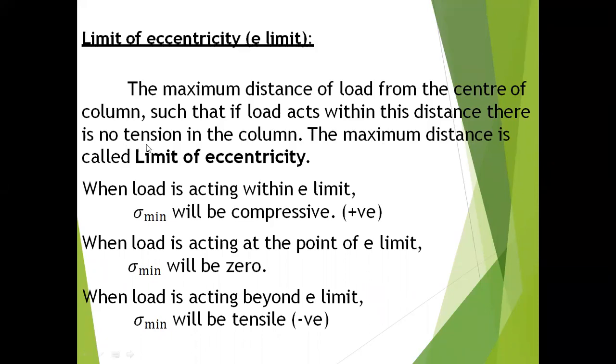Understood? So when the column is subjected to eccentrical load up to this limit, there is no tension in the column, right? If it is crossing that limit, what happens? Then there is a possibility of tension in the column. When tension occurs in the column, the reversal of stresses also will happen.